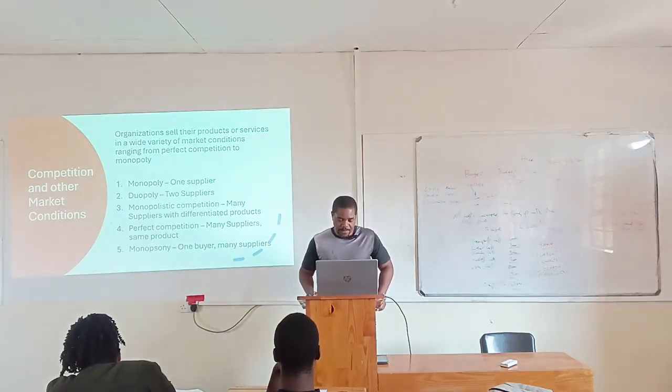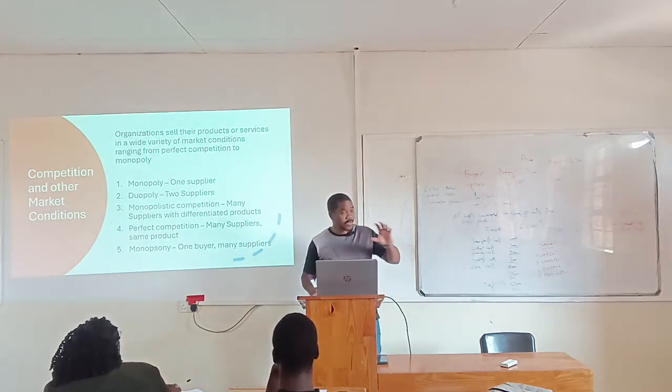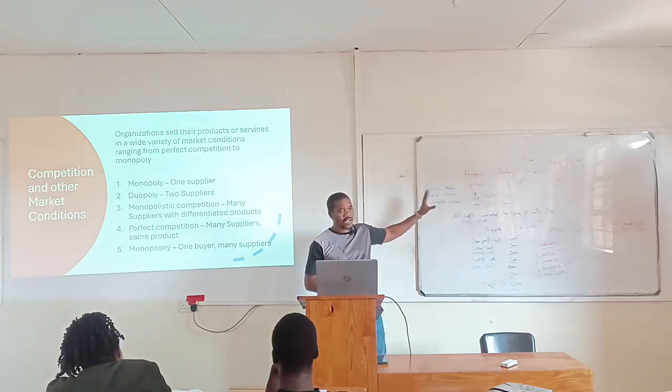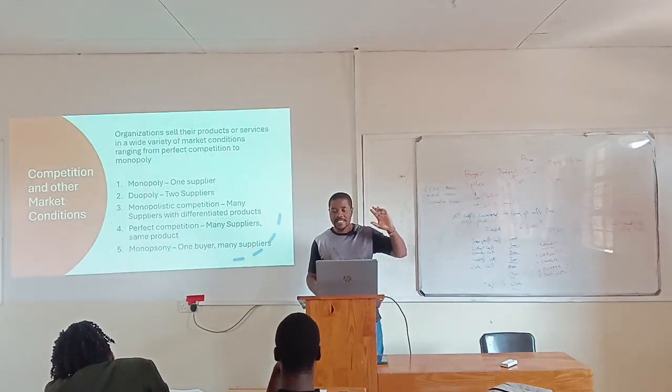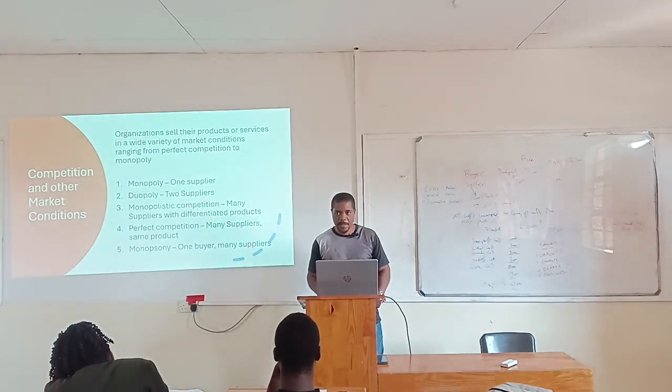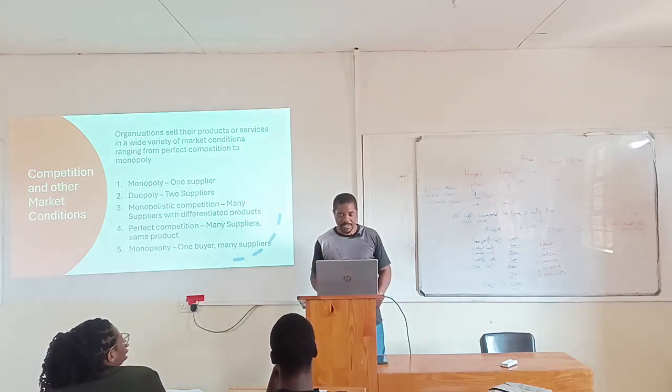And then you have perfect competition, many suppliers. As we look at these market conditions, we should also understand how pricing is affected. Pricing is affected largely because of these market conditions. The monopoly, higher prices.